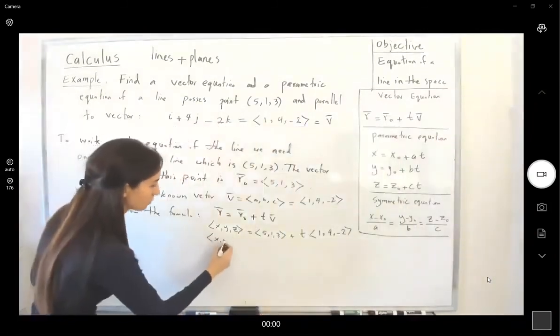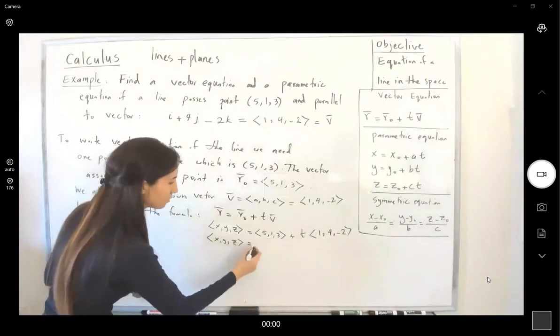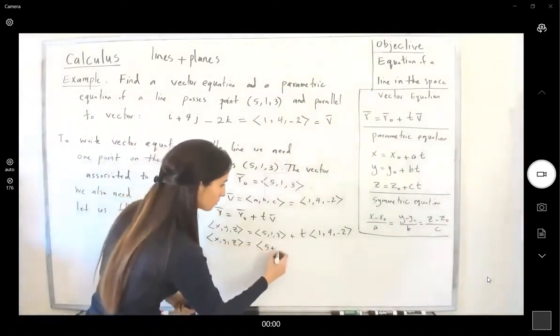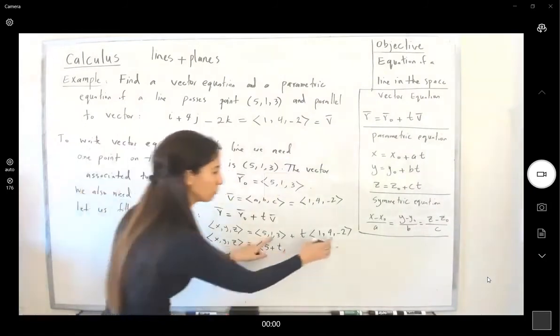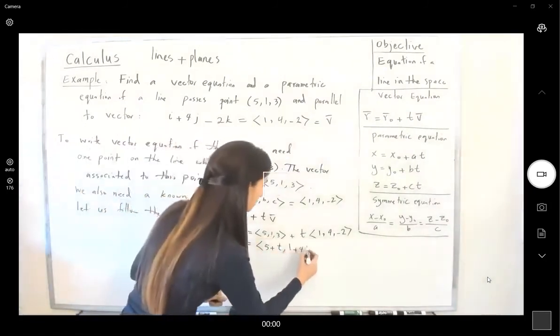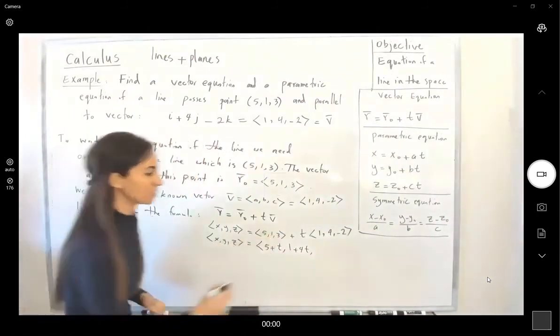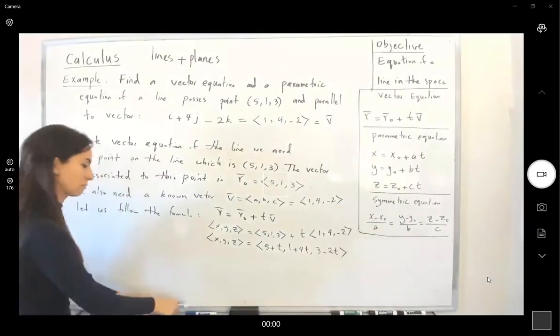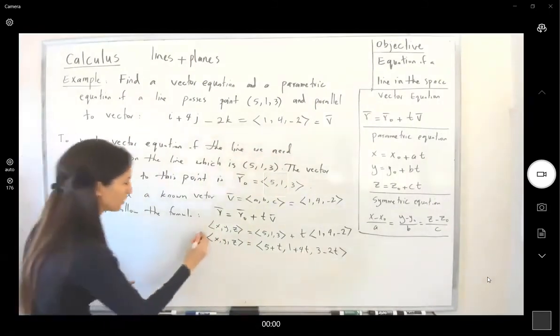So x, y, and z can be written as 5 plus t, 1 plus 4t, and 3 minus 2t. This is our vector equation.